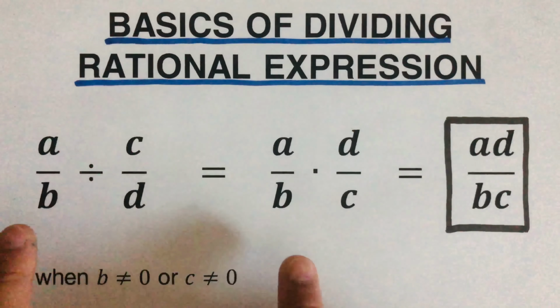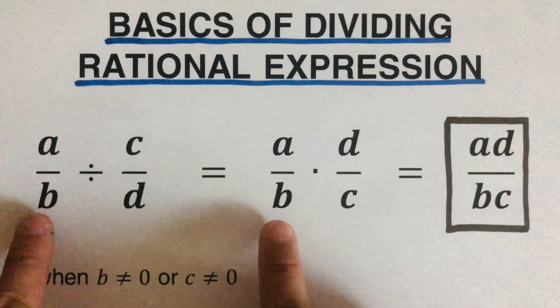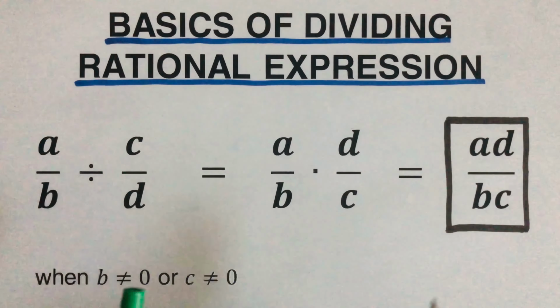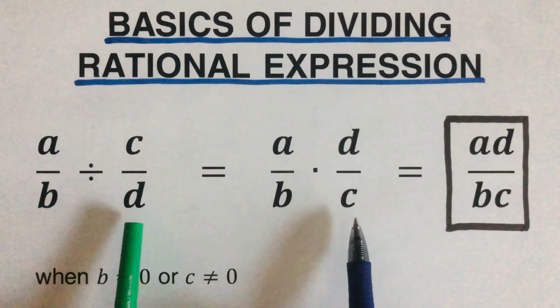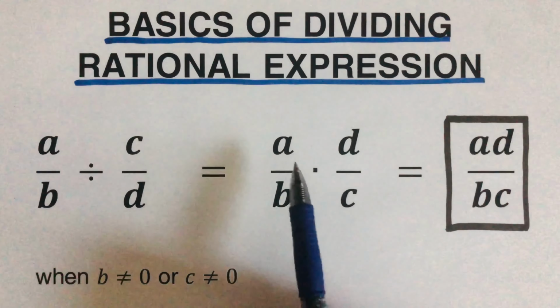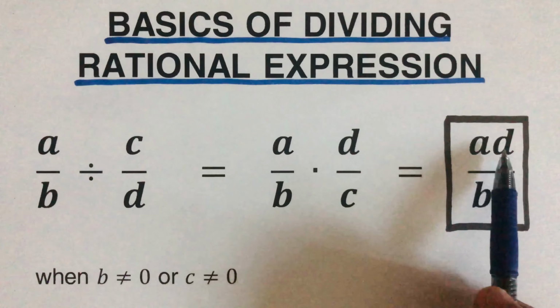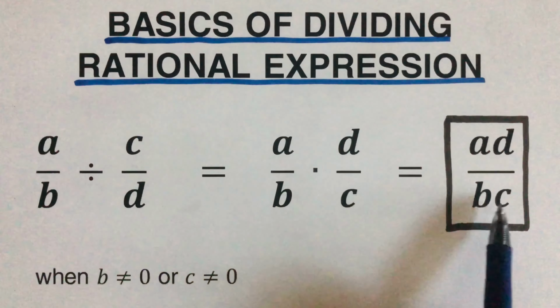So our a over b stays the same, but our c over d has been flipped around, so it becomes d over c. And then after that, we're supposed to multiply them across. So that's how we got a times d over b times c.